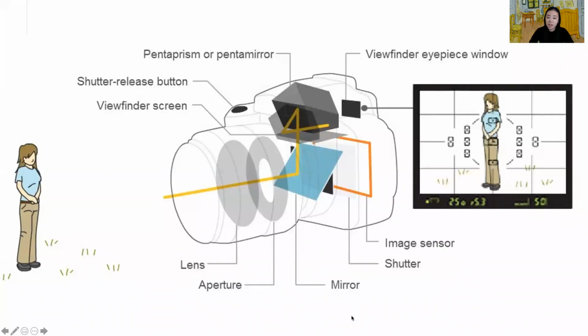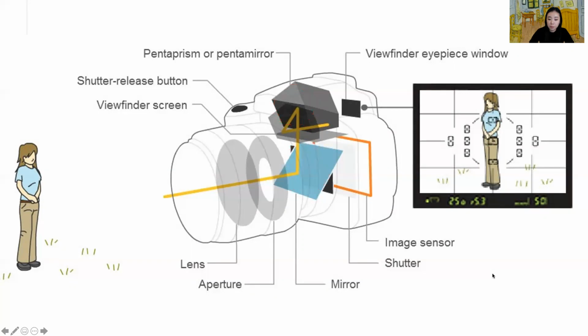Despite the sophistication of modern photographic equipment, the basic mechanism of the camera is simple. And it is no different in theory from that of the camera obscura. There are two mirrors in the modern camera.